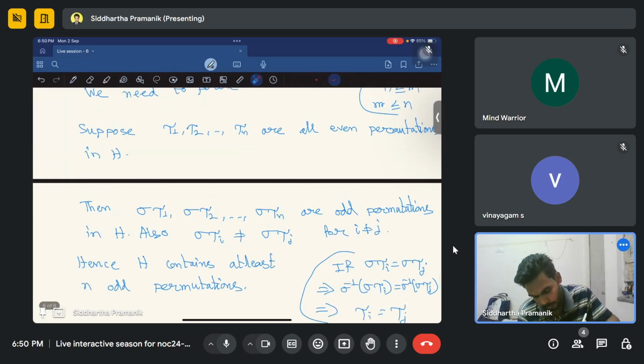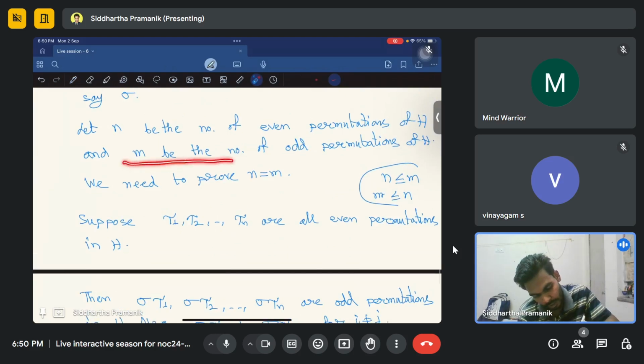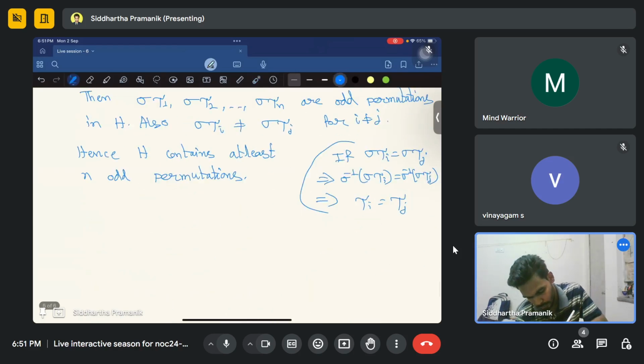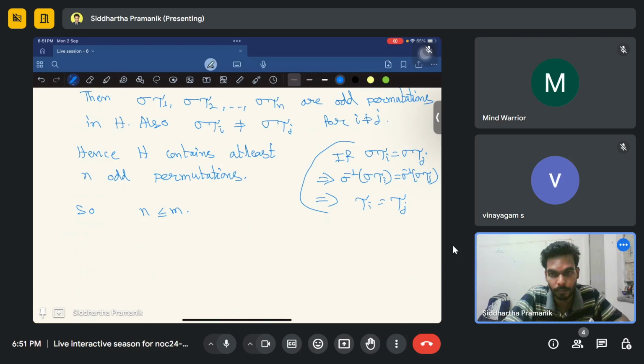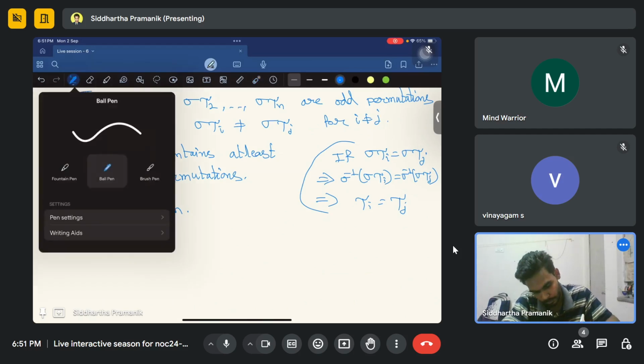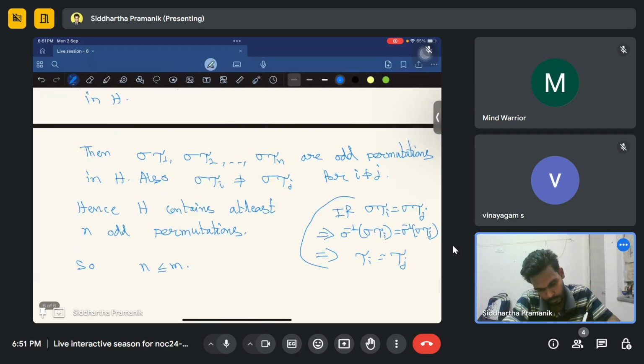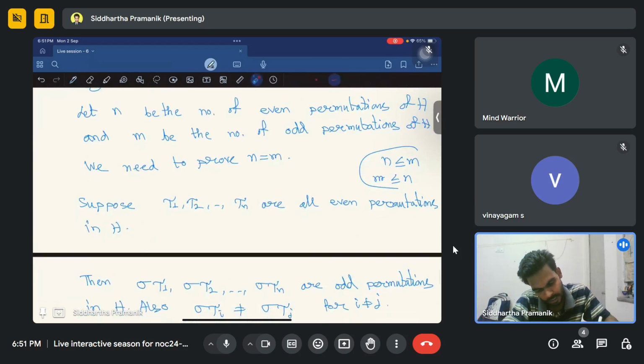Now, m is the total number of odd permutations of H. So n should be less than or equal to m, because m is the total number of odd permutations and H contains at least n odd permutations. So we have proved one side.